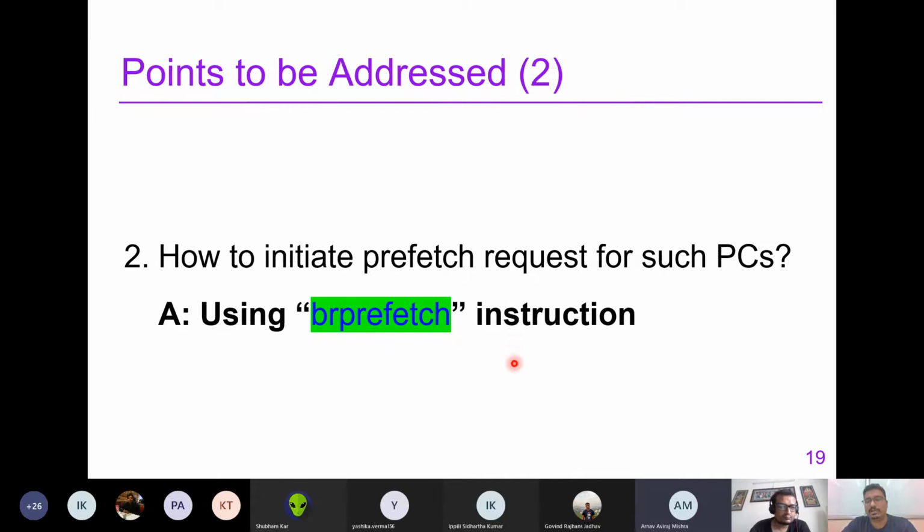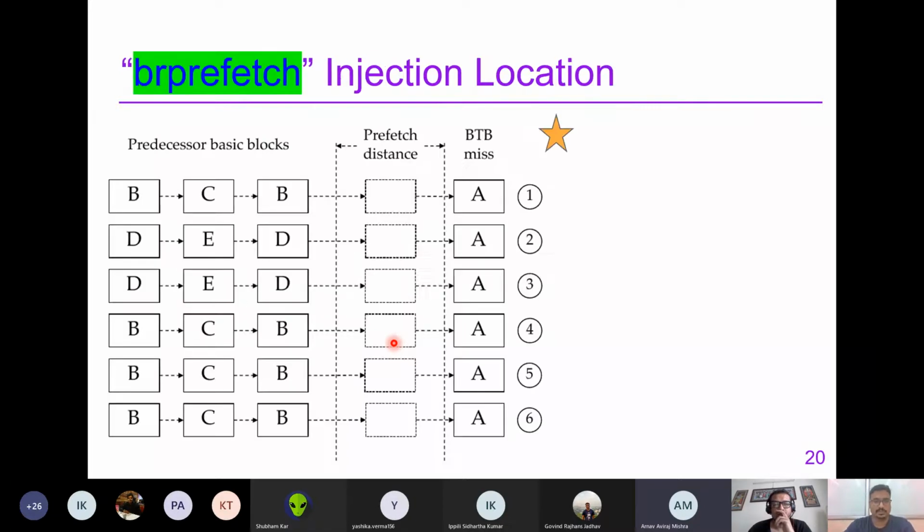Now we have to figure out where to insert this BR-prefetch for timely prefetching of a particular BTB entry. For that, let's consider that at a particular address A, we have six unique BTB misses, and to prefetch timely, let's leave some prefetch distance, say 20 cycles.